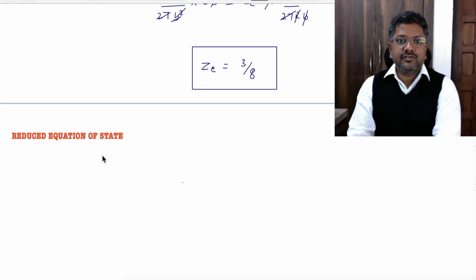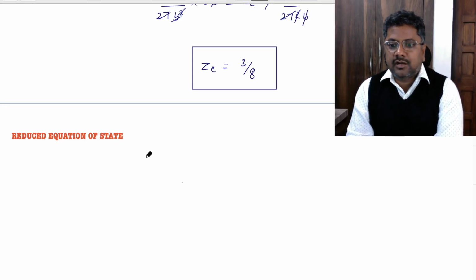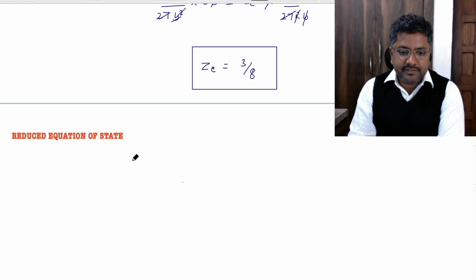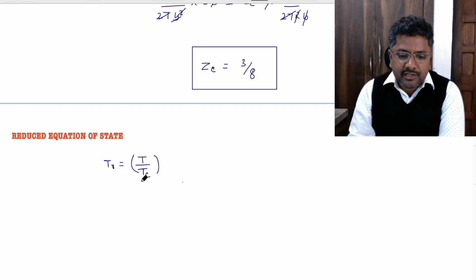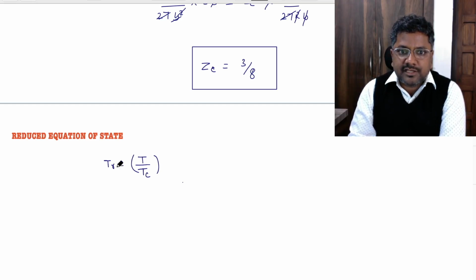See, the reduced equation of state or law of corresponding state, we can say. So reduced temperature, basically TR is equal to normal temperature divided by critical temperature, right? So T by Tc. Similarly, reduced pressure, PR is equal to P by Pc.